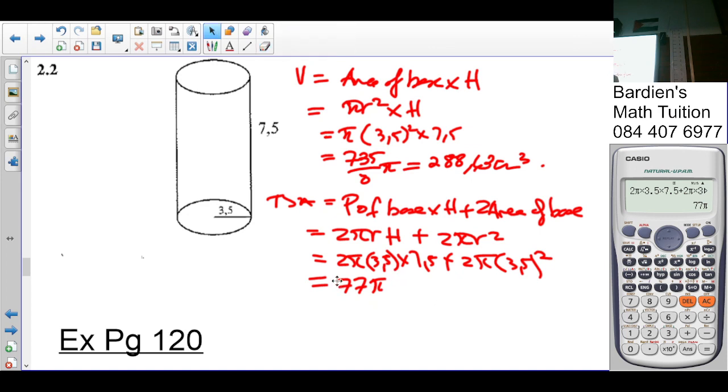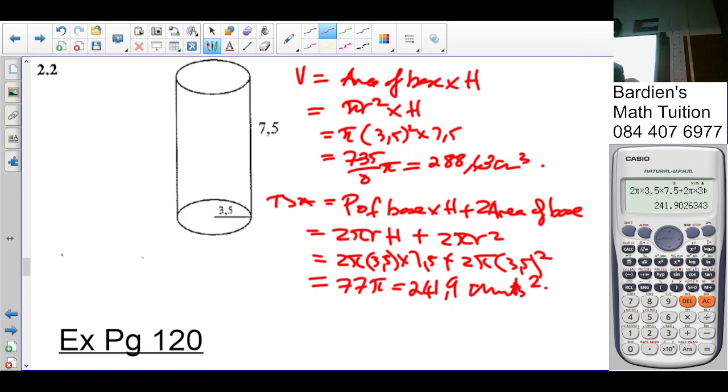Or it is equal to, so you can always write it to 2 decimal places, unless the question says leave your answer in terms of pi. 241,9 units squared. Is that correct?